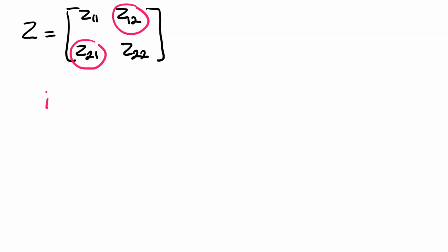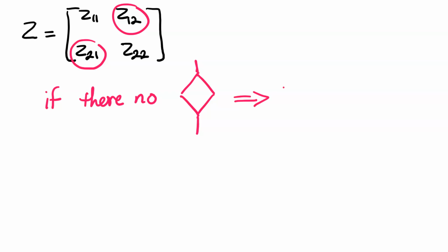So if there is no dependent source, then you can assume that Z12 and Z21 are equal. So you don't need to calculate both of them. Calculating one of them is going to be enough. Now let's do an example so I can show you how you can solve the circuit in this scenario.